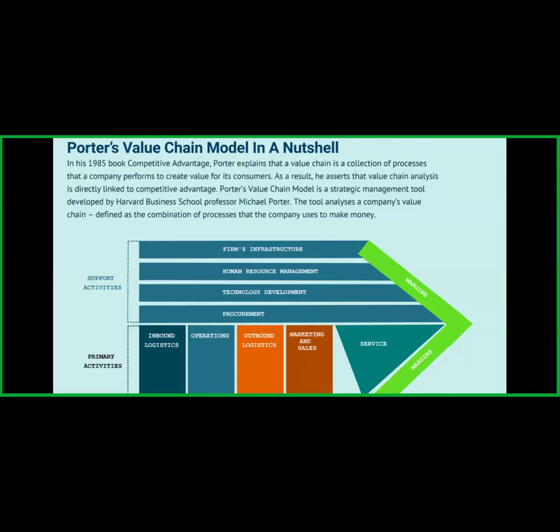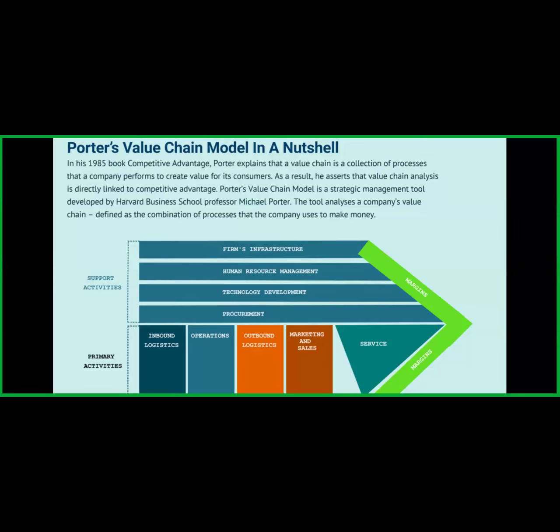So primary activities are those activities which are directly involved in the creation of a product. Here on the slide, under primary activities, inbound logistics and operations are given.